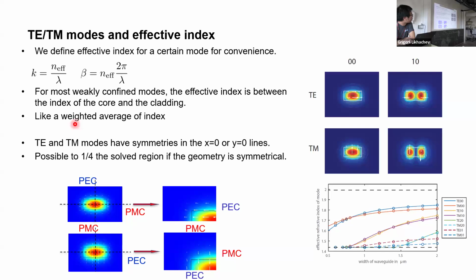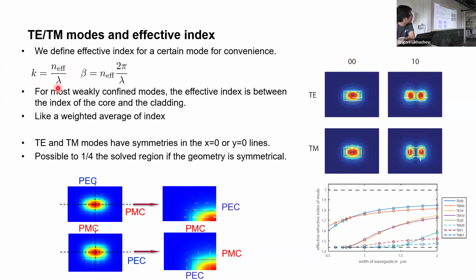So we do it differently. We describe this as the so-called effective index. This is the definition of the effective index. You can compare it with a uniform dielectric, and what the propagation constant would be.